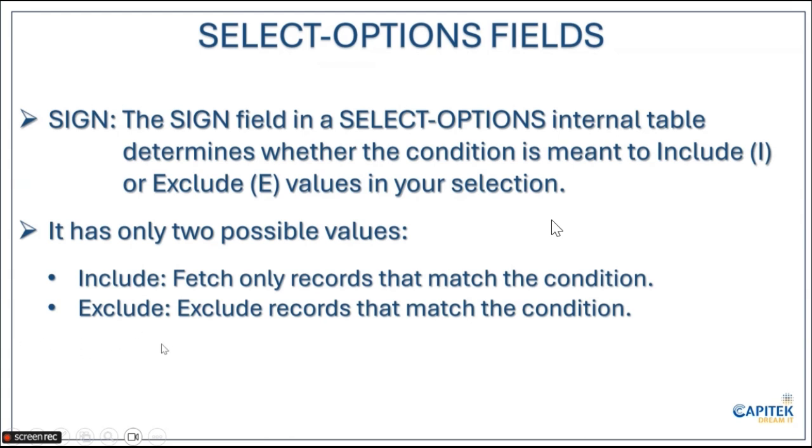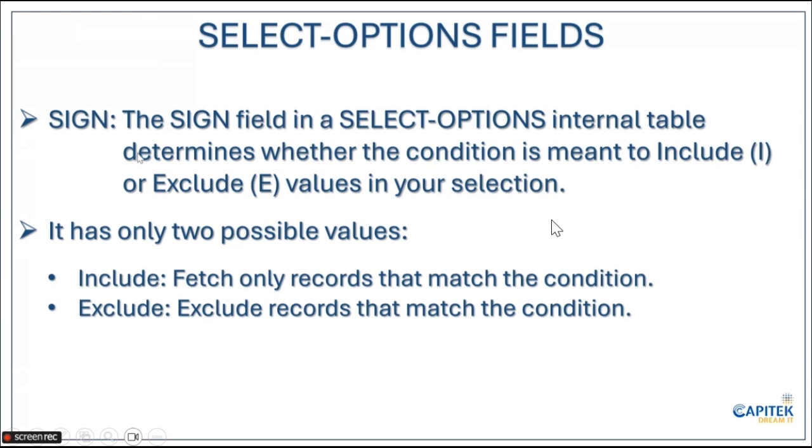Include is to make that range, and within that range it will pick the data. When you say exclude, it will just exclude that data which you are giving in the select options, and the rest of the data the system will pick as per your select query.